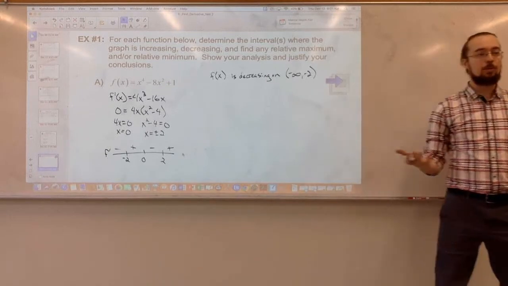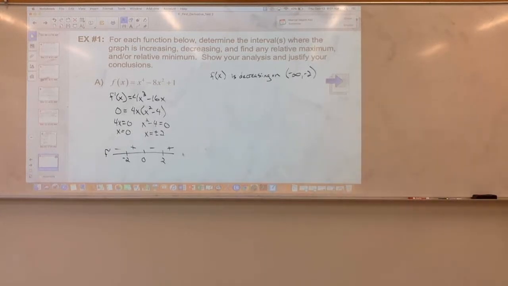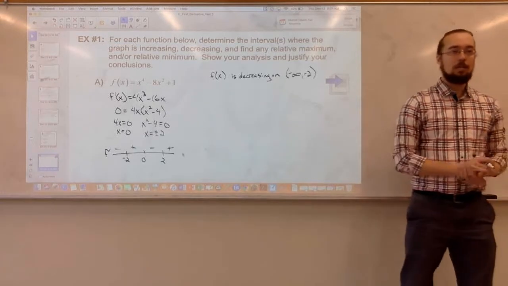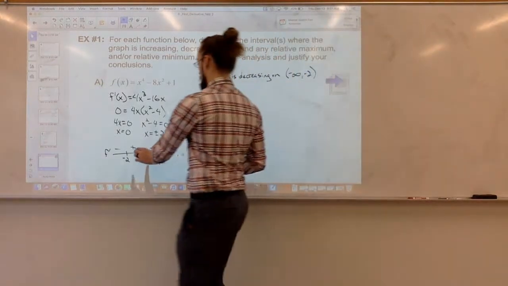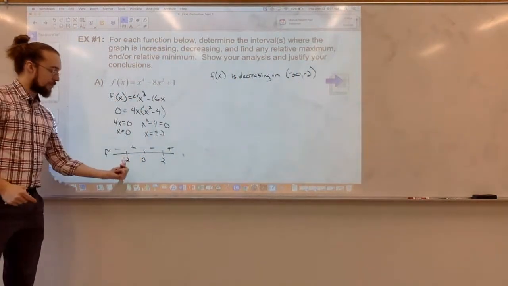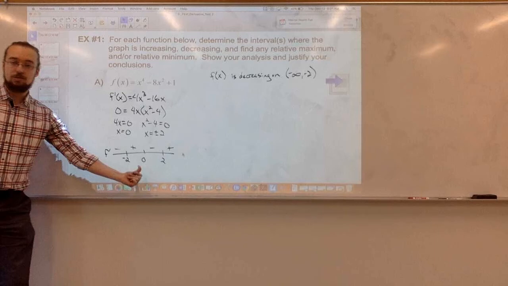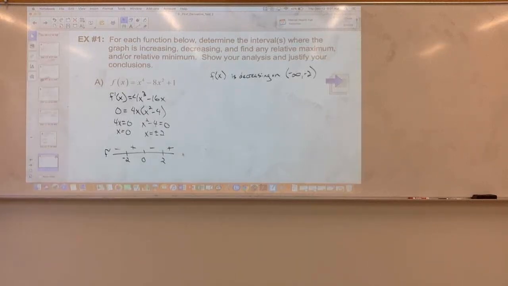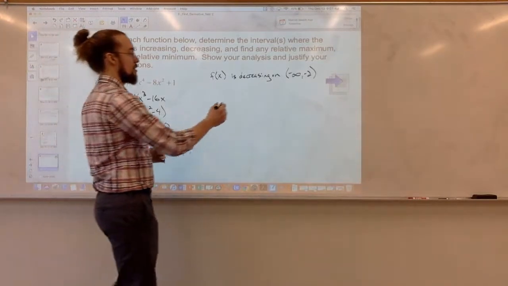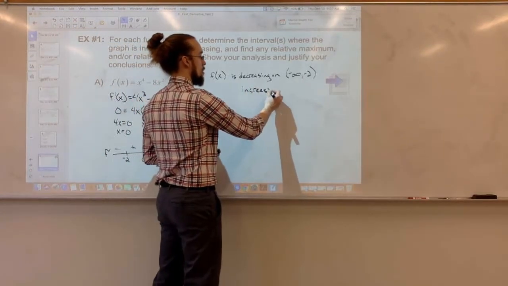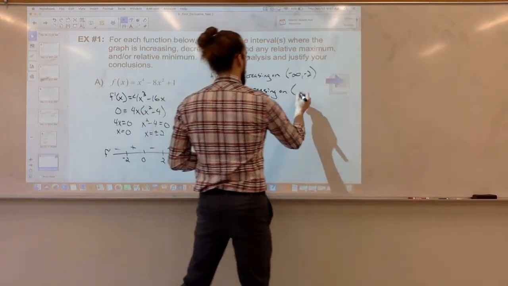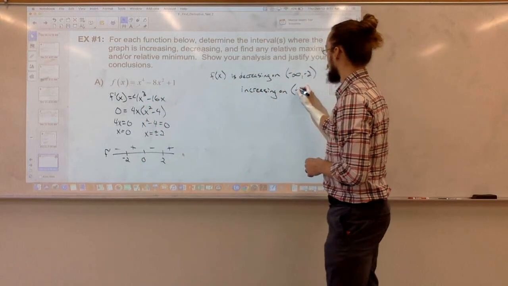I'm not going to include -2 because at -2 the derivative is 0. It's not negative. Well, on this interval from -2 to 0, my derivative is positive. What does that tell me about my original function? It's increasing. So I can say the function is increasing on the interval -2 to 0.